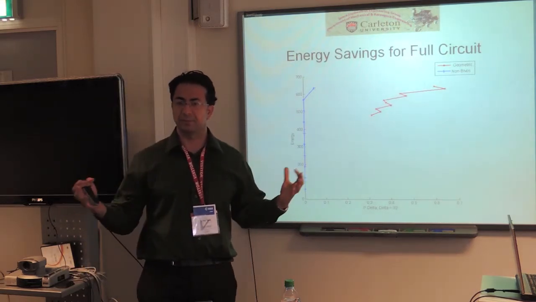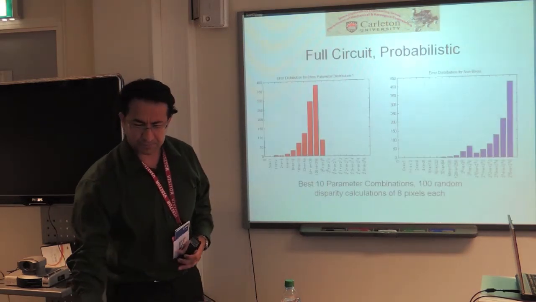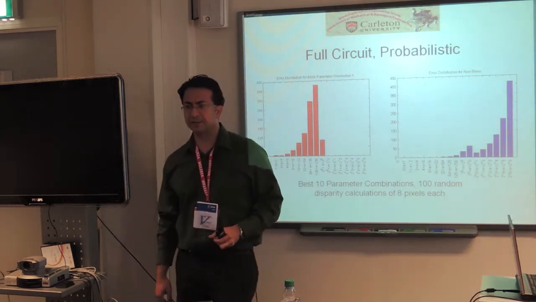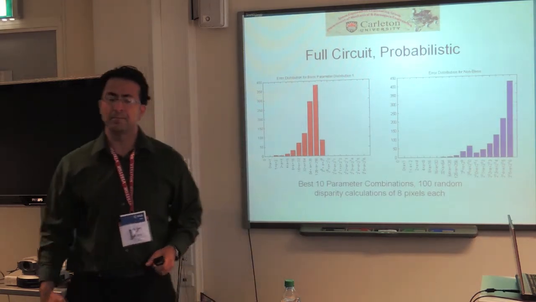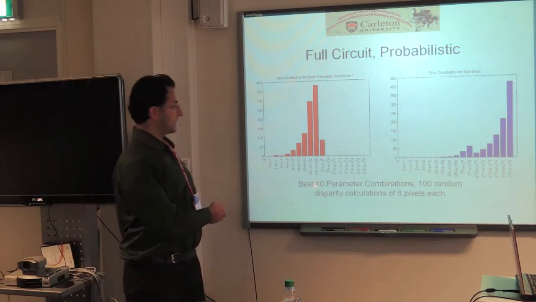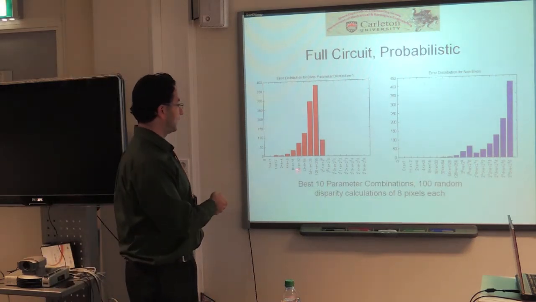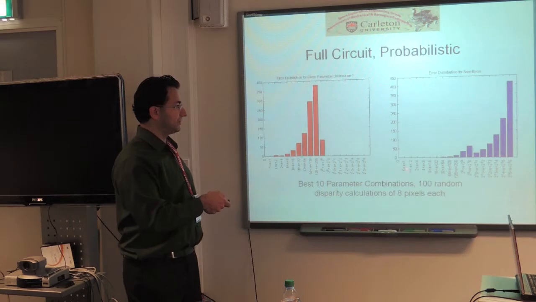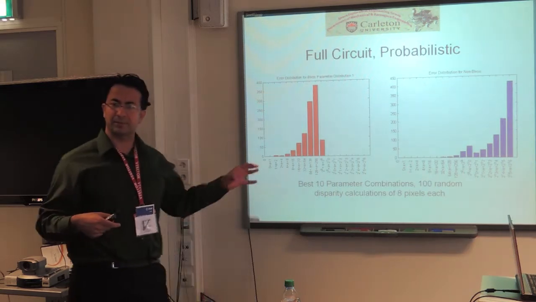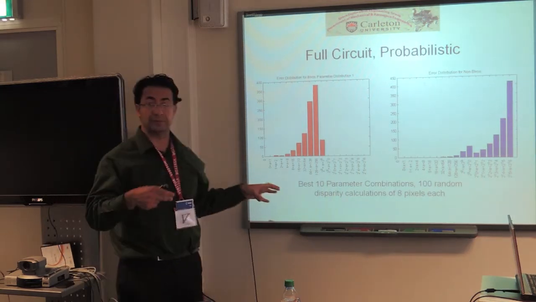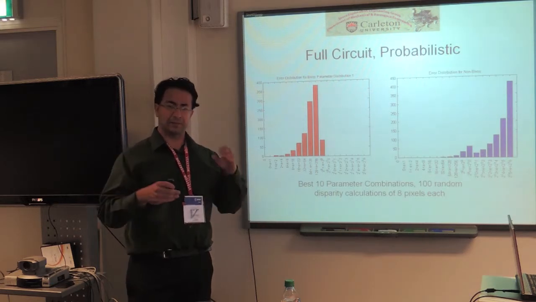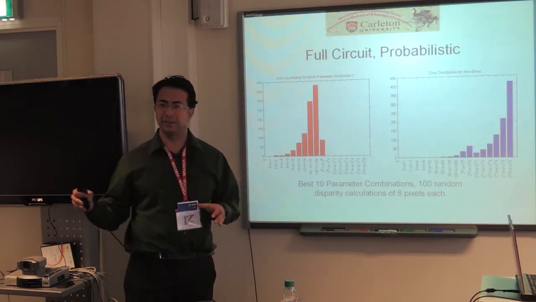Maybe there's something else that would be more suitable for the application. So we decided to take a look at the error distribution. With the error on the x-axis, what we can see is the number of errors in each range, corresponding to the magnitude of each bit, starting from 2 to the 0, 2 to the 1, and so on.